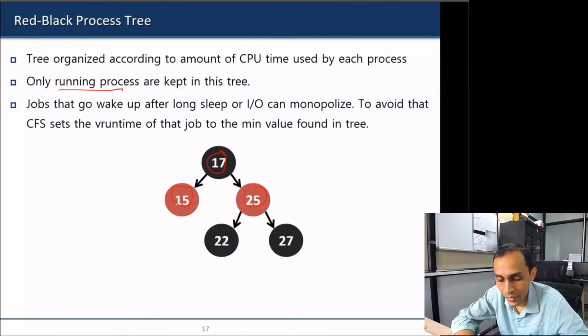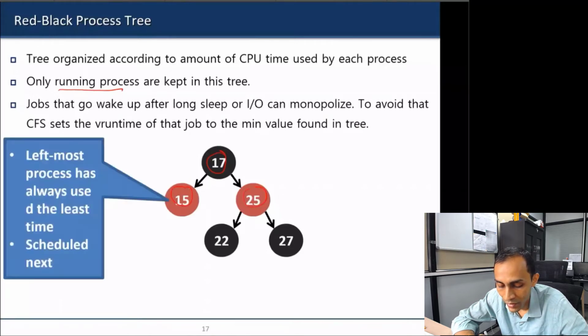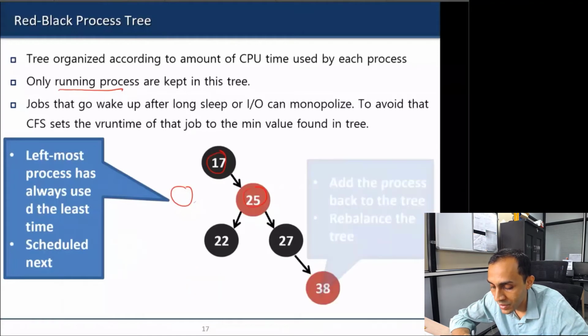Whenever you have to pick the next job to run, you get the leftmost process in O(1) time, and it has the least virtual runtime. It will be scheduled next, and then its virtual runtime will increase. Then you have to reinsert it into the red-black tree and rebalance the tree.